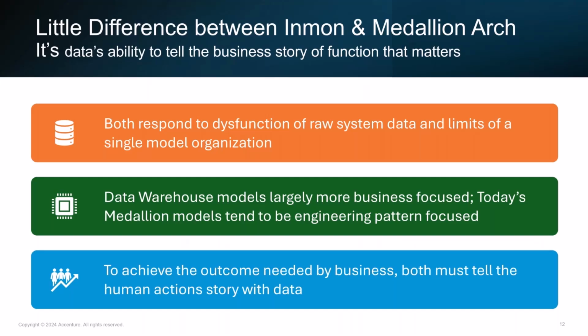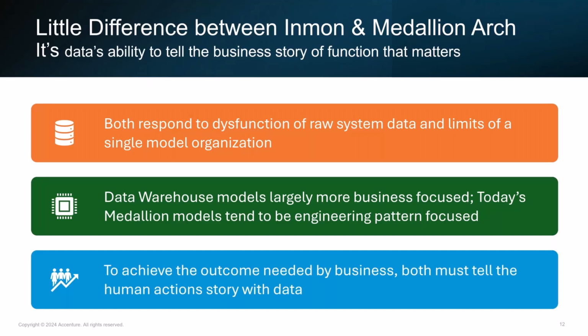So sometimes I'm asked, is there a difference between Inmon data warehouse and Medallion architecture? There really isn't much difference. They both attempt to deliver the same kind of outcomes.